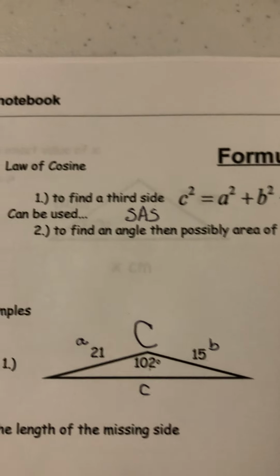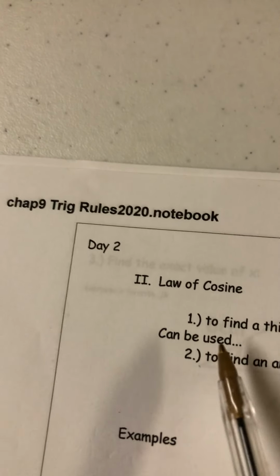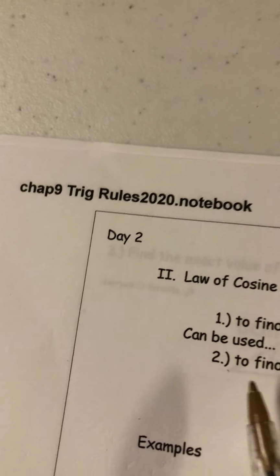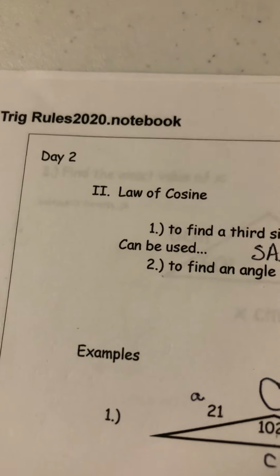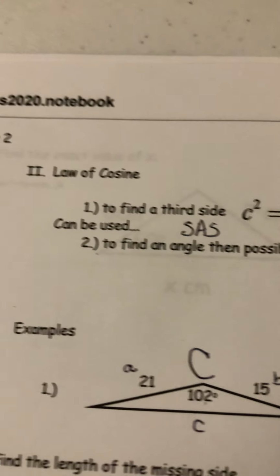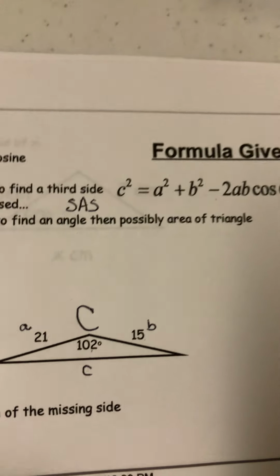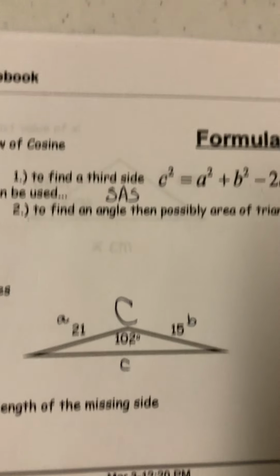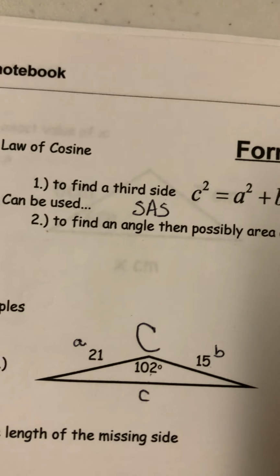But ironically, what's interesting is the very common number 2. It's a little lengthier, but this particular formula will also help you to find an angle and then possibly the area of the triangle. See, this is kind of a continuation from yesterday. It's really super easy to find the area of the triangle. So what IB does to make it a little bit more complicated is, what if I give you all three sides?